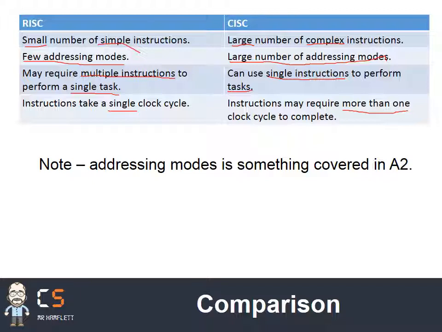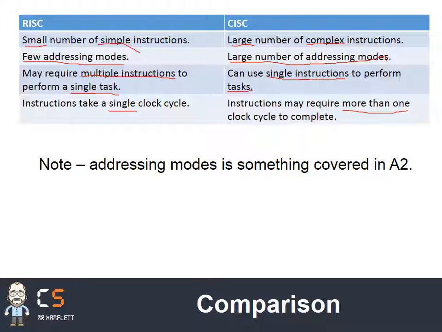Is that data going to be part of the instruction, or is it going to have an address where I'll find the data? Is it going to be using an array or something like that? So there are different addressing modes that can be used. CISC obviously has a lot more of them, different types and styles, which are used only in certain circumstances.